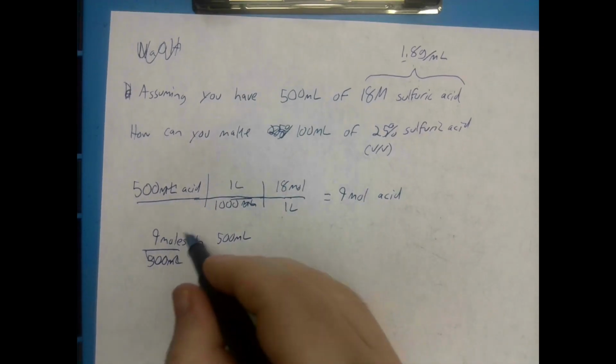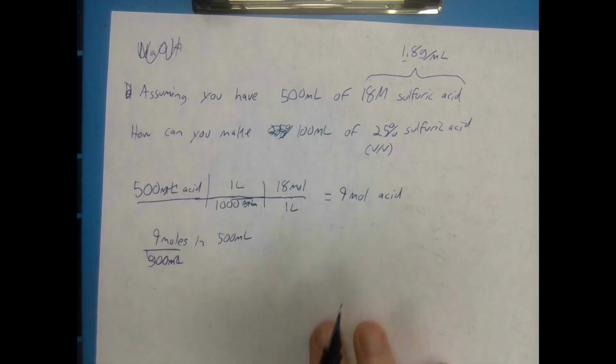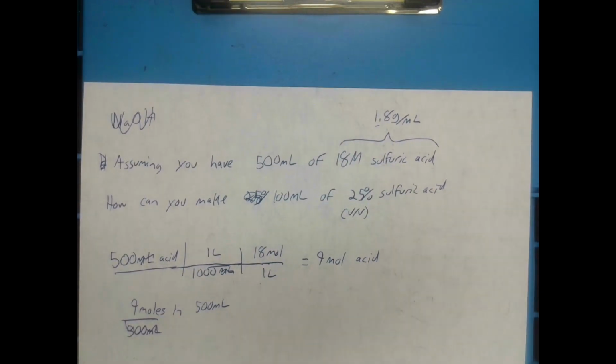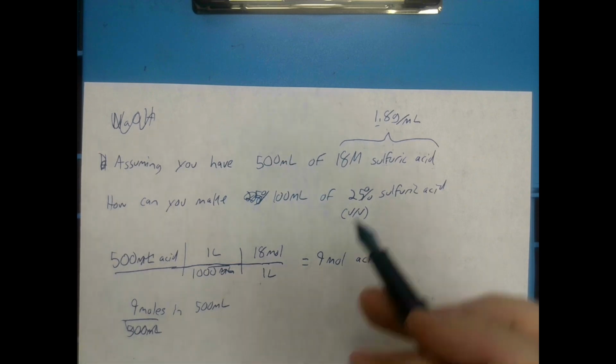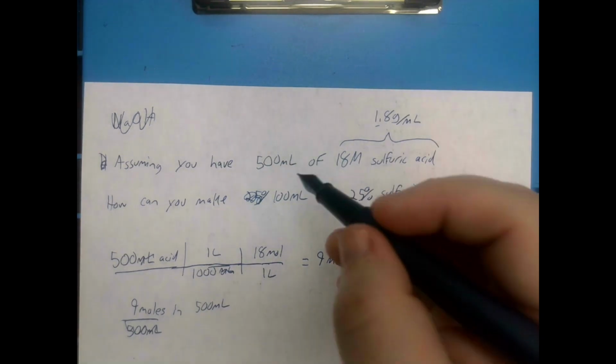We can get grams. What is the formula for sulfuric acid? There's no hydro, and no hydro means it's an oxy acid.